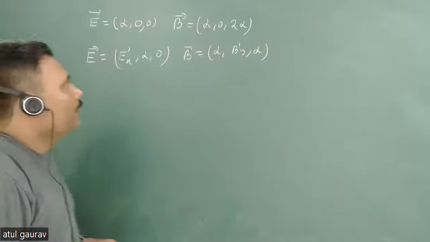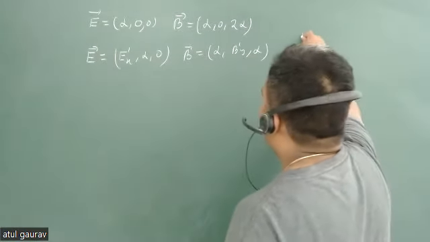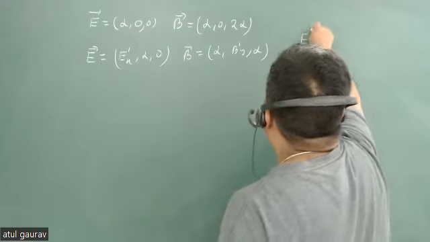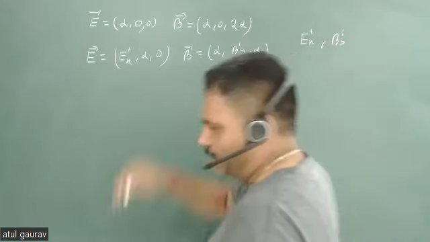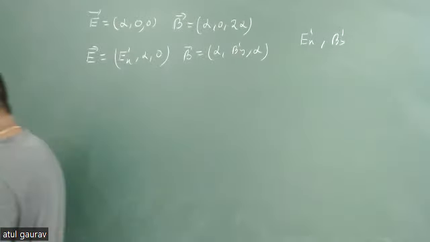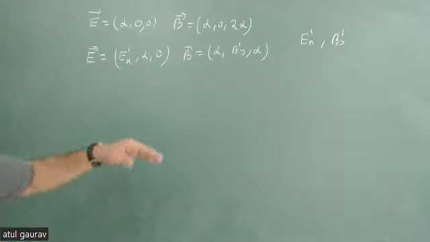So this is your electric field and magnetic field. What you have to do is just calculate the values of Ex dash and By dash in terms of alpha. So this is one of the very fundamental things. Okay, so you have to just calculate this one.